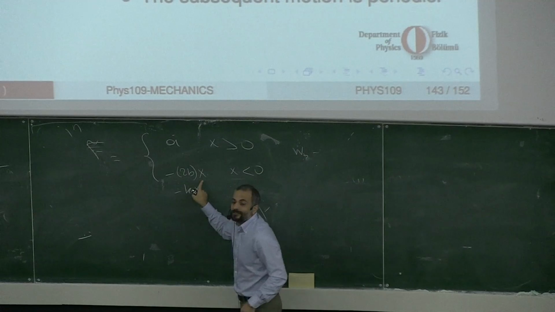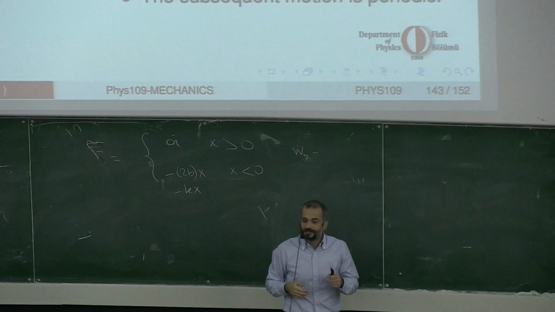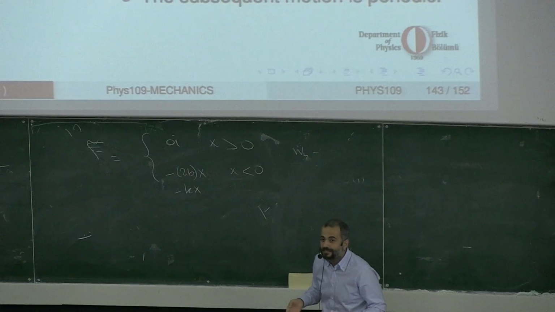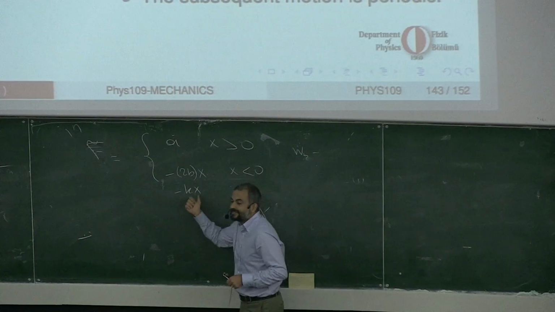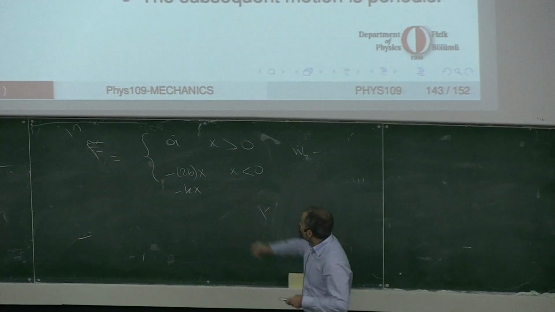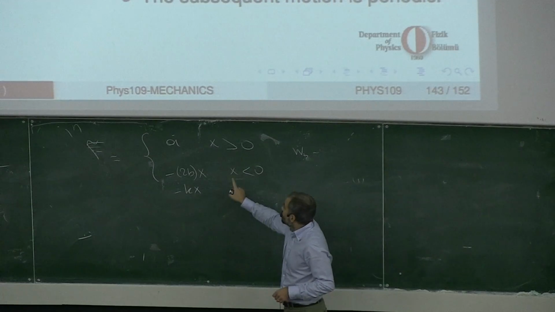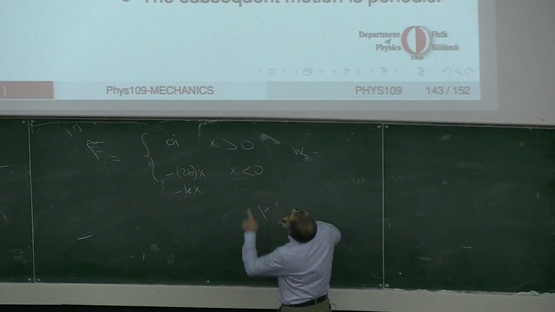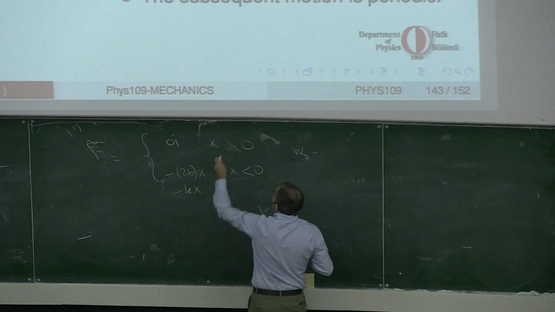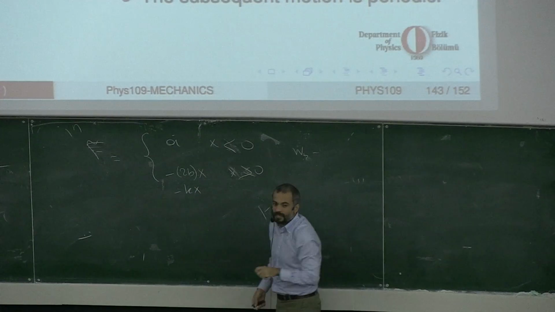A constant times x. You always think that this is kx. Okay, kx, we always use the symbol k, but we can use any symbol. It is just a constant times x. That is the spring though, with a minus sign. So here we have, at x less than 0, gravity. At x larger than 0, we have a spring.